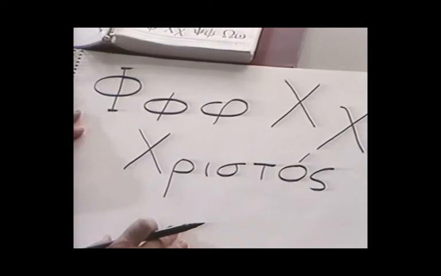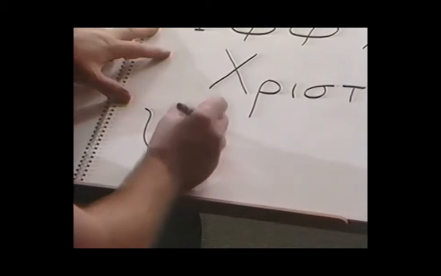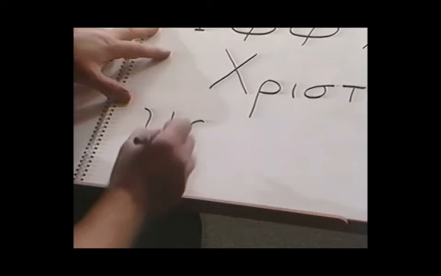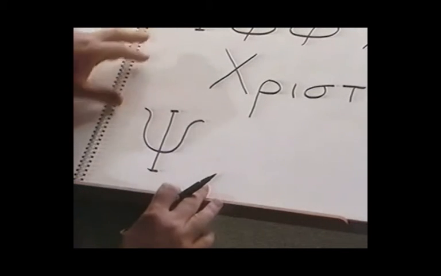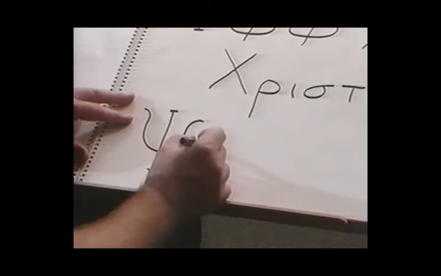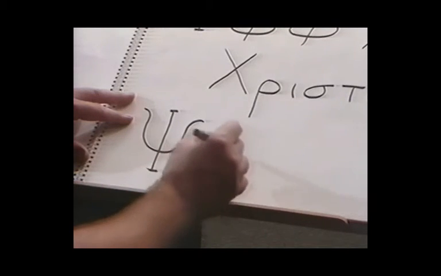The next letter in the alphabet is a psi, as though I were saying P-S-E-E, psi. The capital psi looks like this. And then the lowercase psi looks almost like a pitchfork, doesn't it? Can be made like that.